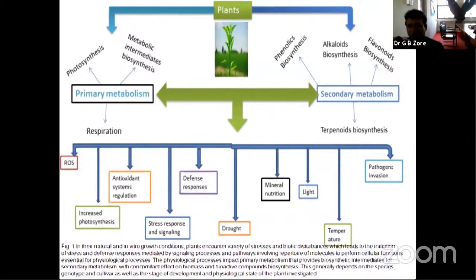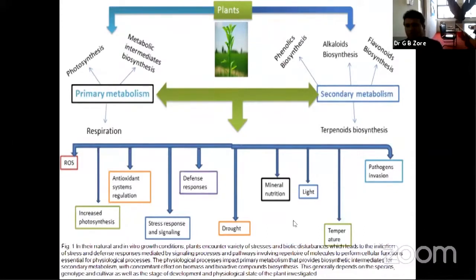So to protect the plant from these different stresses, these molecules are synthesized. Basically, they evolved through evolution, and that's how these secondary metabolites started protecting plants from stress conditions. And that's why these molecules are highly structurally diverse.